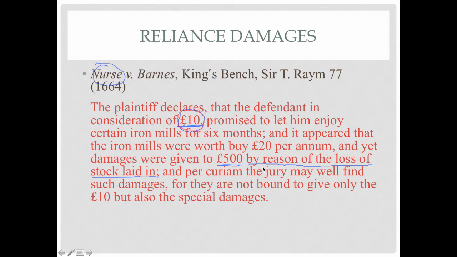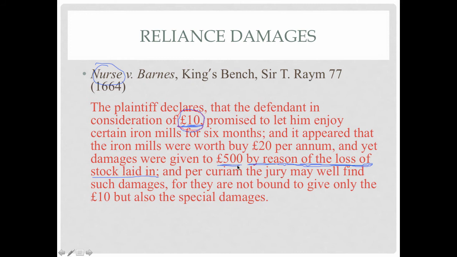And those may be limited by elements of foreseeability. Is it actually foreseeable? In this case, the iron mill has a certain use value, and anyone who is renting an iron mill to others should recognize that those others are going to go out and foreseeably acquire stuff to put into the iron mill to make iron.